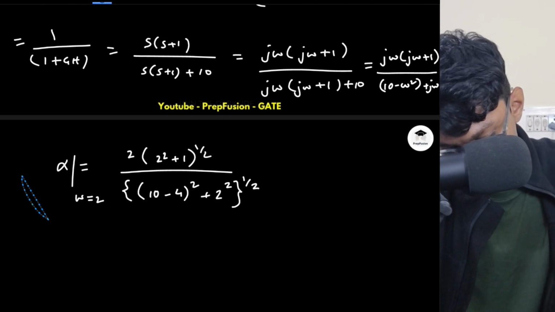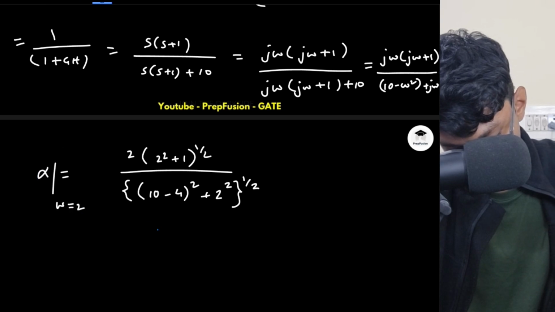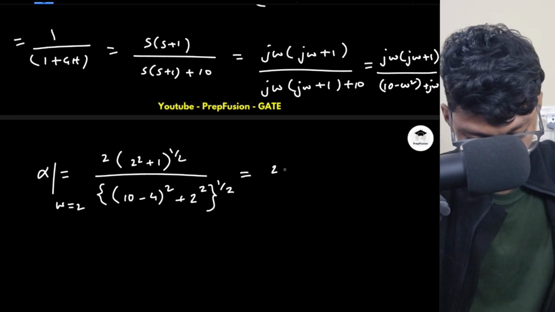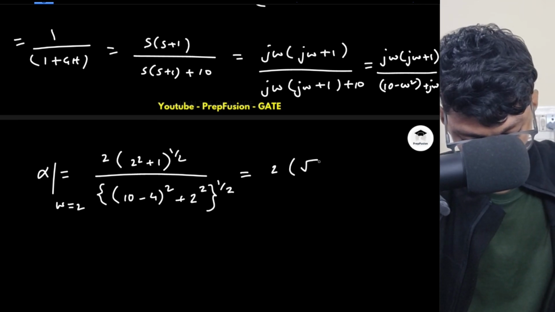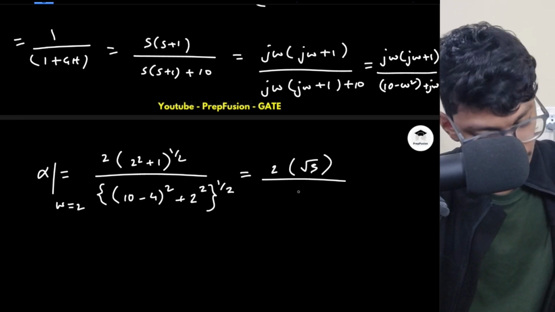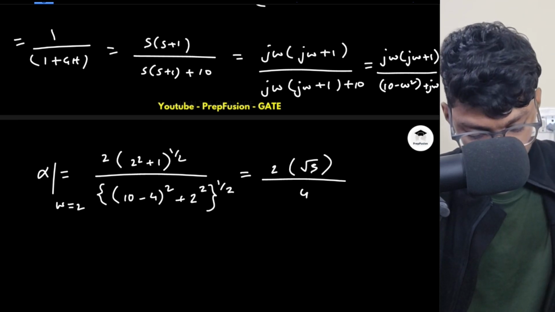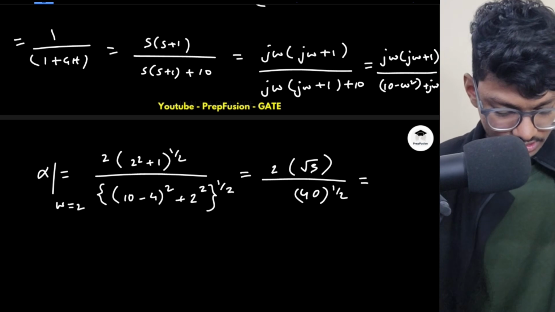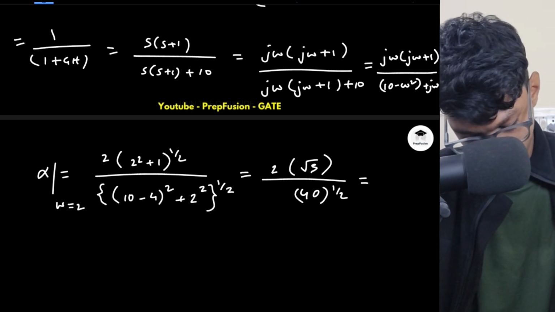So this will be equal to 2 into under root of 5 divided by 6 square, that is 36 plus 2, that is 40. Okay, so this is 40 whole under root.